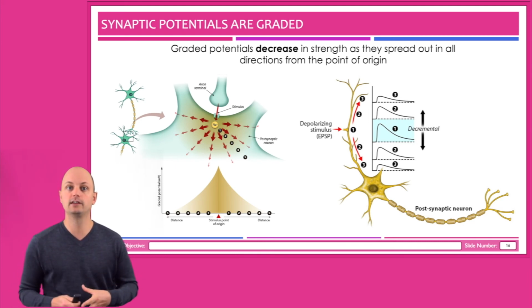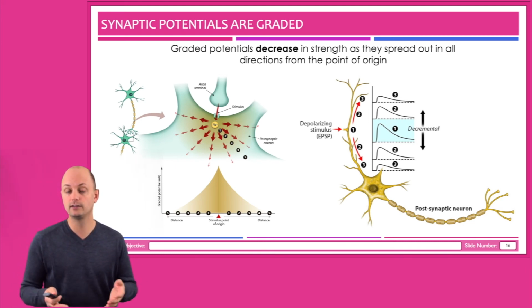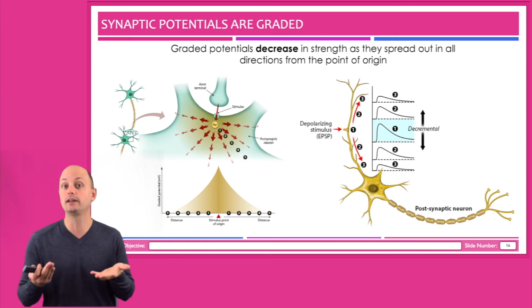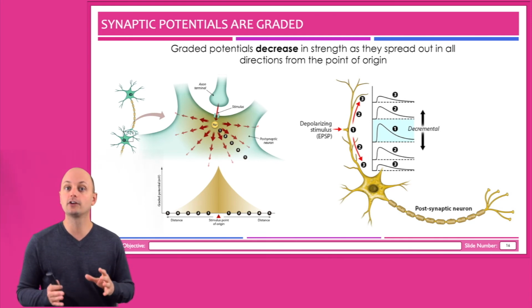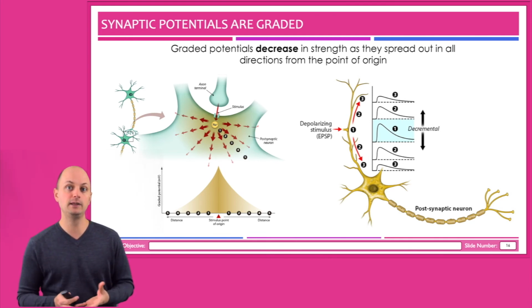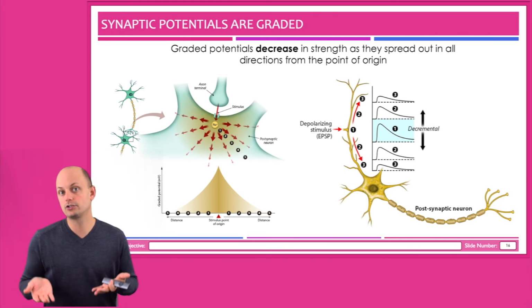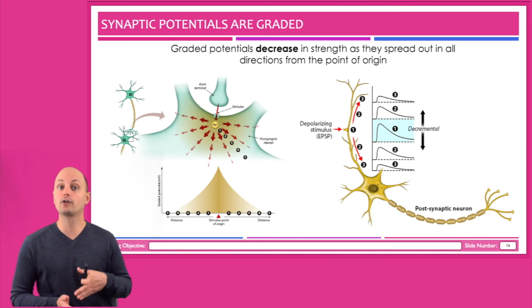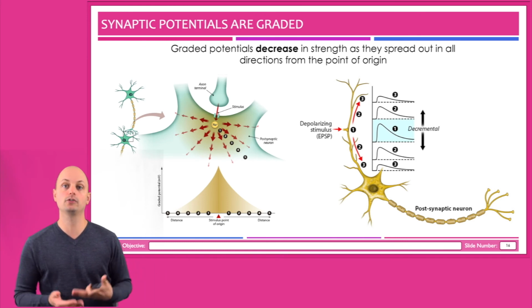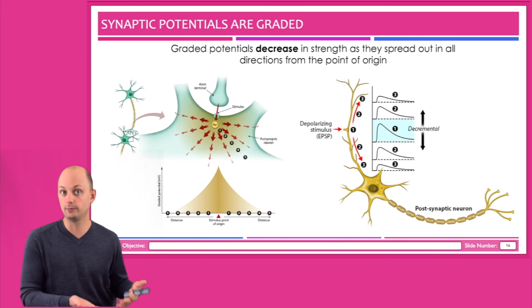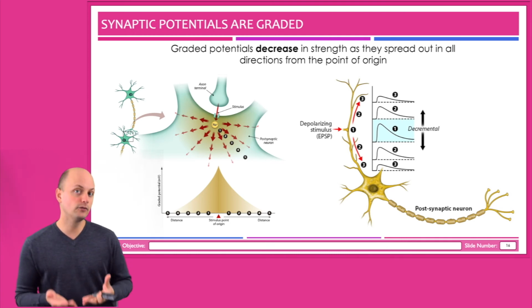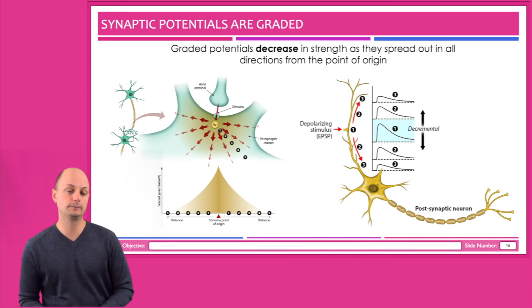The arrow represents the site of neurotransmitter release, and so you can see that if you measure right at the spot where the channels are being opened or closed, there's a relatively strong EPSP. It has a relatively large amplitude. If we measure other locations on the dendrite that are further away from that site, there's less of a change from rest. And that's really what it means to be decremental.